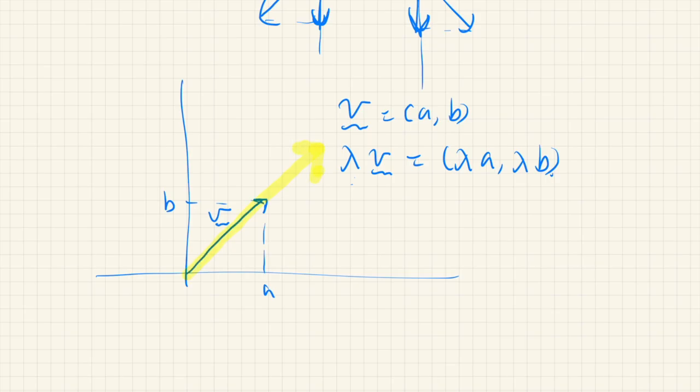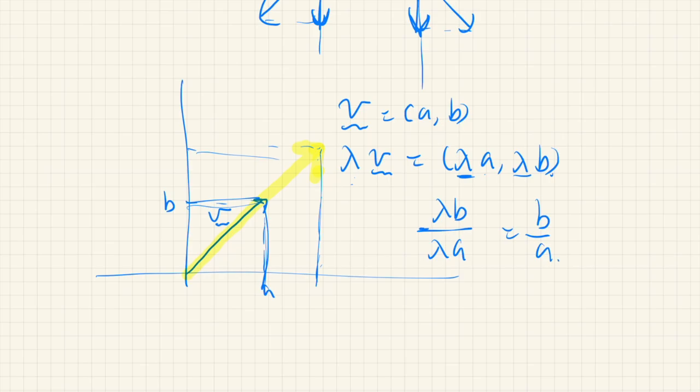Because the direction doesn't change. Both the x-coordinate and y-coordinate are multiplied by the same number, lambda. So the proportion A to B doesn't change. The proportion is A to B, and lambda A to lambda B, so lambda B over lambda A is equal to B over A. This proportion doesn't change.